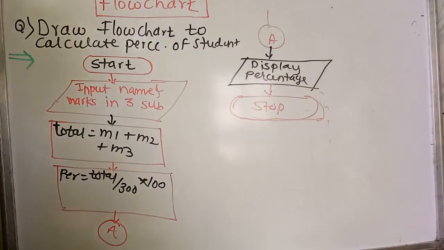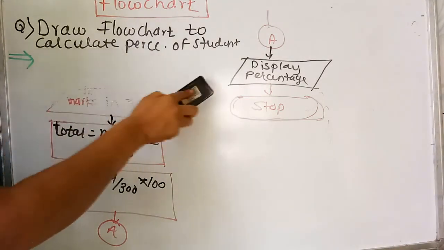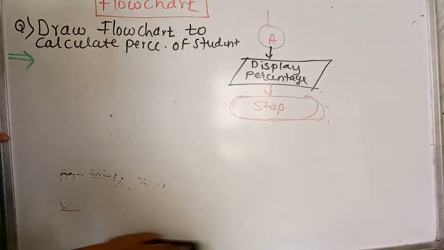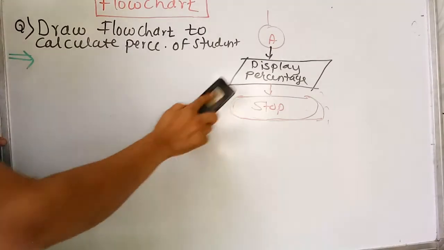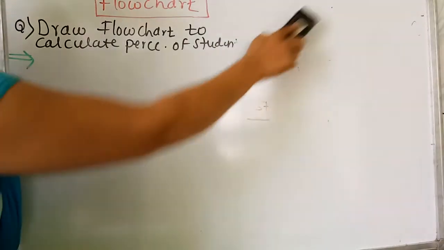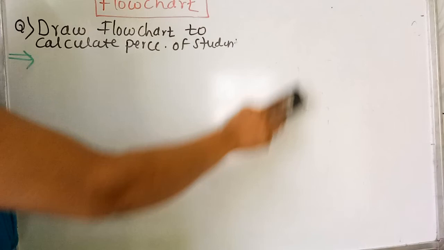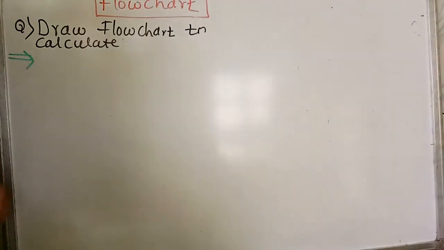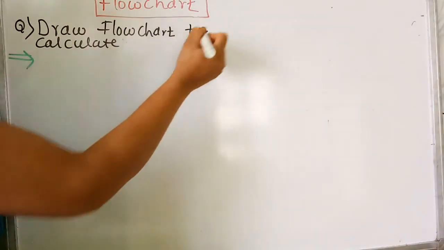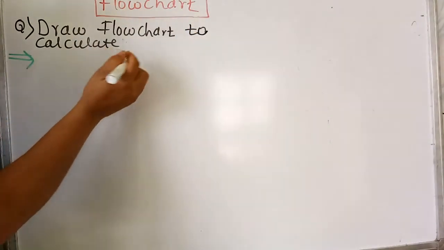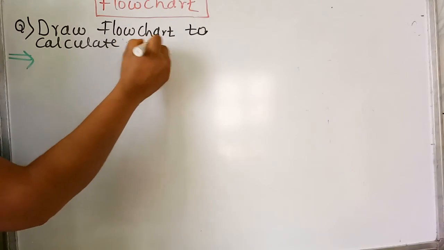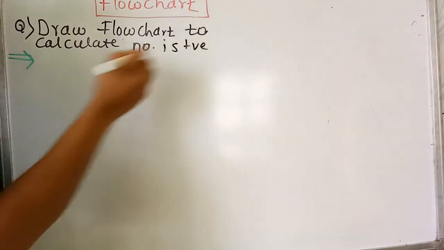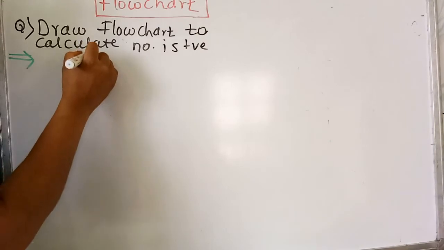Now we will take another example to check whether a given number is positive or negative. For that we have to use the test condition. We will take a statement like, calculate whether the number is positive or negative.